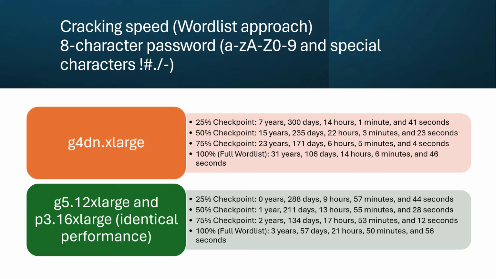So this is of course just the worst case scenario. We have a word list, you don't really know what's going on, and this example is based upon a full word list with every single password within the exactly 8-character range. So if it's 7 or 9 characters, it's not there.